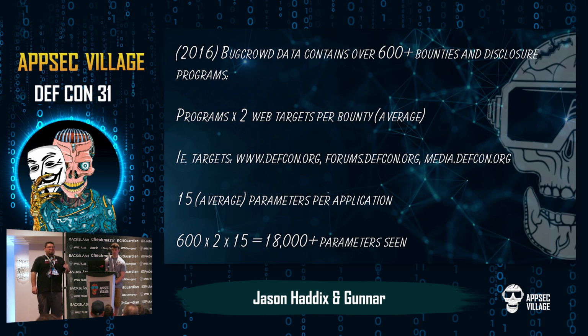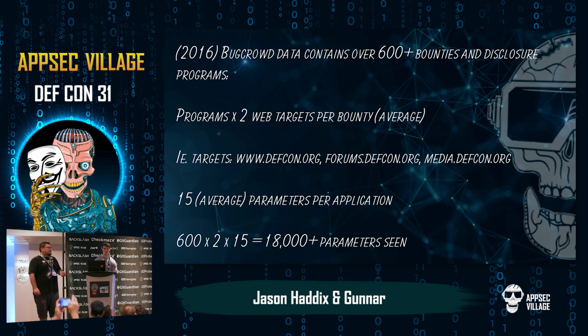And then for every bug that existed on a URL, I parsed out the parameters for that bug class and the bug URL. Every program had on average about 2 targets per bug bounty. Targets are like www.defcon.org, forums.defcon.org, media.defcon.org, et cetera.